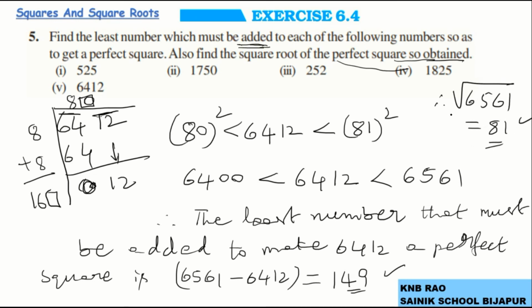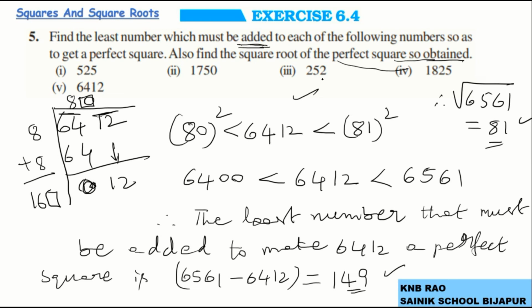That's how we solve this question. Here we can get using this small thinking, and we got finding first square root of 6412 very close to 80 square. Through this short division or long division method we identified. Okay, so you can solve these questions.